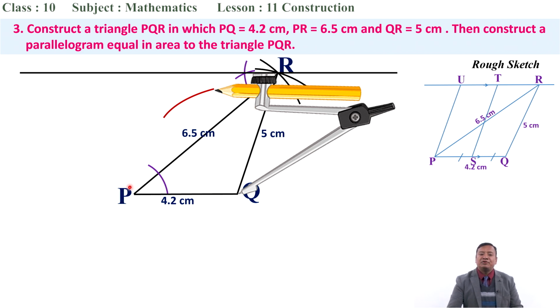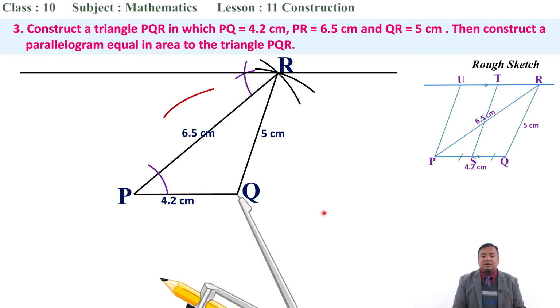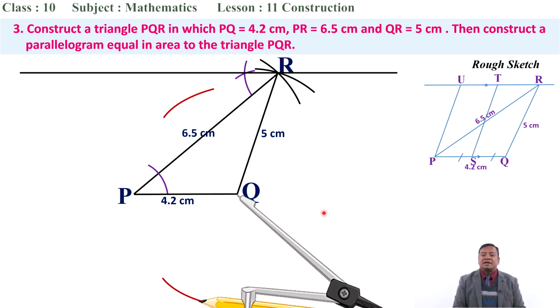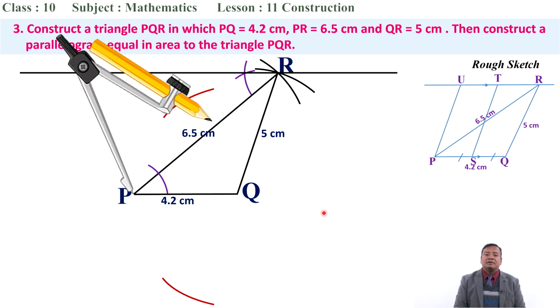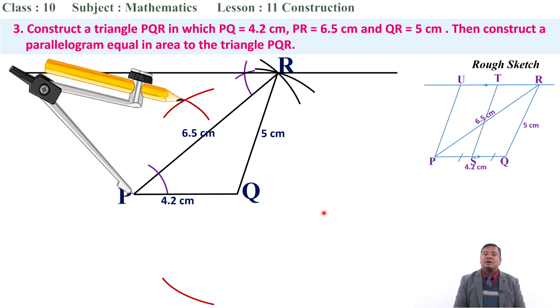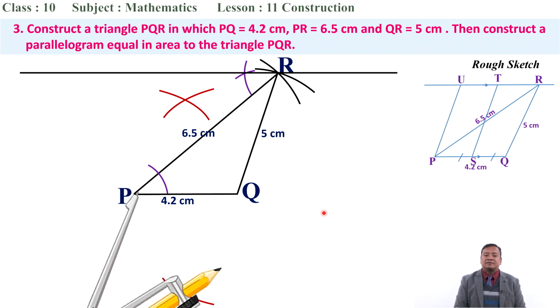If we take less than half of PQ, then the arcs will not intersect. So we have to take more than half of PQ. So in upside and downside we have to cut by the same radius. Similarly, from the point P, without changing that radius, we have to cut upside and downside here.